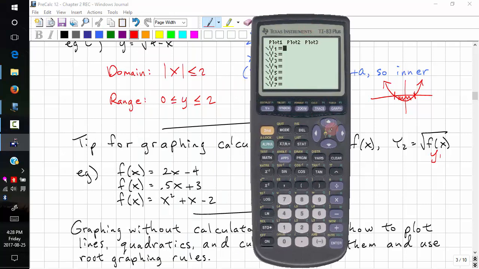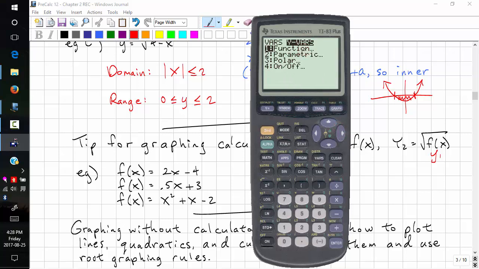Okay, let's enter our first function, 2x minus 4. I'm not going to go square root 2x minus 4 because then I have to change two functions. I'm going to do square root, and I'm going to do vars, y vars, so right.